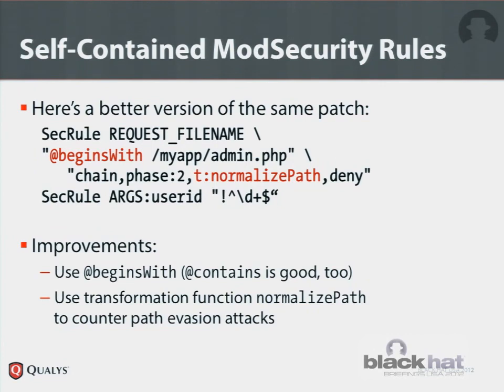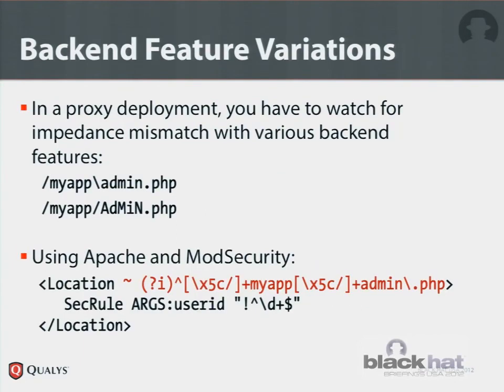There's a transformation function called normalizePath, which does exactly what it says: it takes a path and normalizes it so it looks like a Unix path, and then we've addressed the problem. But every time we change our rules to fix a problem, we just increase the complexity of the problem to see and to break it again.